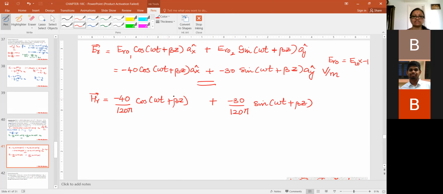Now tell me the direction. Minus, what will be the direction? Here electric field is AX and propagation is minus AZ. Therefore you'll get minus AY. Okay. Next, here propagation is along minus Z and the electric field is along AY.